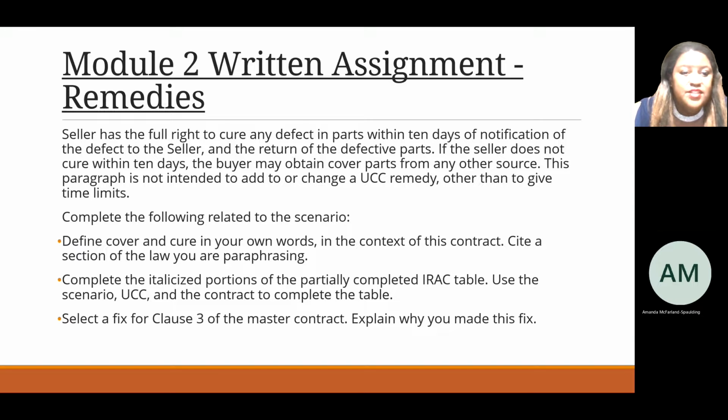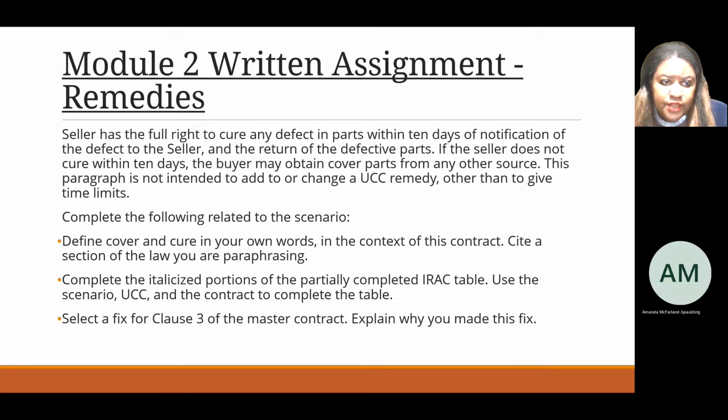This paragraph is not intended to add to or change any UCC remedies. So here's what you're being asked. In your written assignment, you'll want to write this up as a memo. Define cover and cure in your own words. Cite to the section of the law that you were paraphrasing. You can basically cite to the UCC provisions on cover and cure.